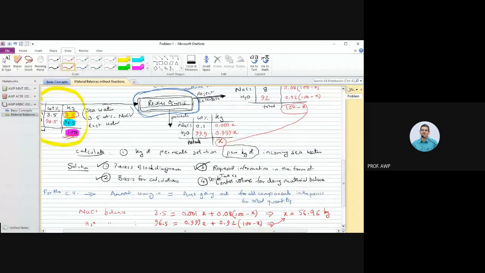Just calculate for yourself and check that we are getting the same answer. Yes, sir, we are getting this. Right.